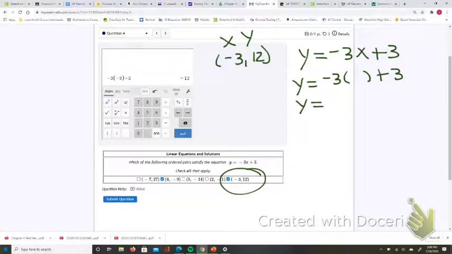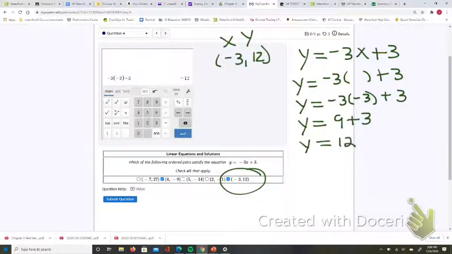So y equals negative 3 parenthesis negative 3 plus 3. Now I simplify. Negative 3 times negative 3 is 9 plus 3. And then y equals 12. Now look, see how my y's are the same, so it does work. So you don't have to use a calculator to answer these. We just gave you the calculator to help you out a little bit, okay?